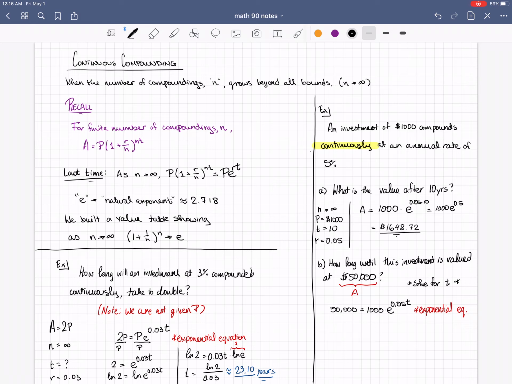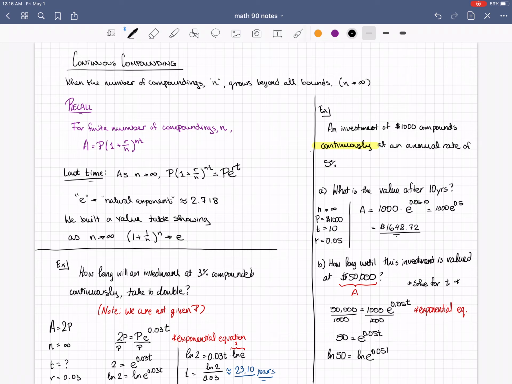And then from here, we've done this before. We're going to divide both sides by 1,000. So we have 50 is equal to e to the power 0.05t. And now, like we do with all exponential equations, we'll take the natural log of both sides.